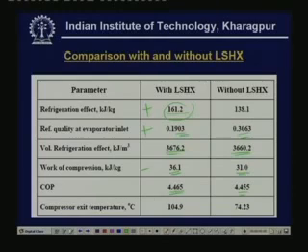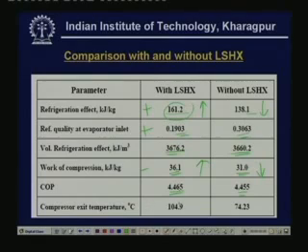Okay, this is because COP, as you know, is the ratio of refrigeration effect divided by work of compression. So, when you are using liquid suction heat exchanger, refrigeration effect is increasing, work of compression is also increasing. Okay. And without liquid suction heat exchanger, this is less, at the same time work of compression is also less. Okay. So, as a result, the net difference between these two is not much.